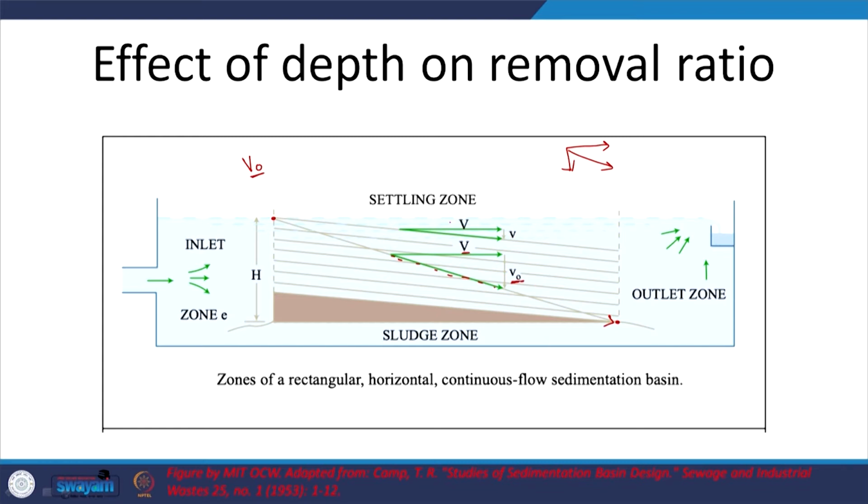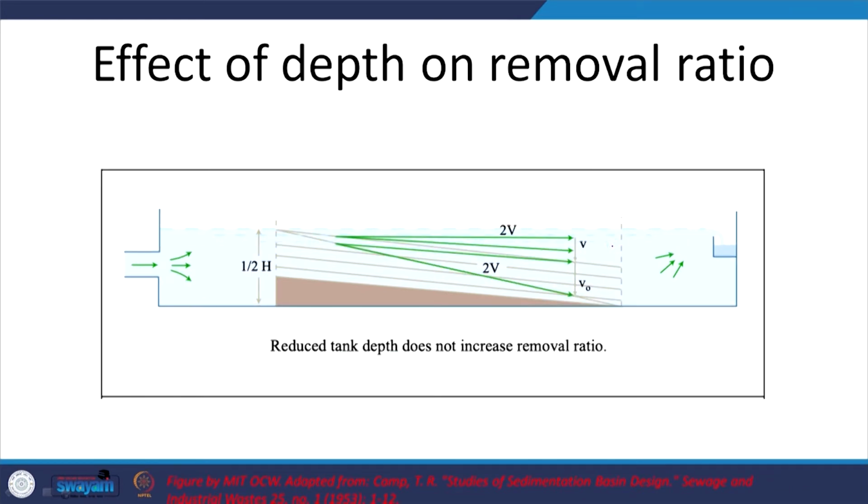But if the particle coming in at the same location has a settling velocity less than V naught, obviously it's not going to be removed. That's what you see out here, and that's something we already discussed. Then we looked at the depth. For example, if I decrease the depth, what's going to happen here?